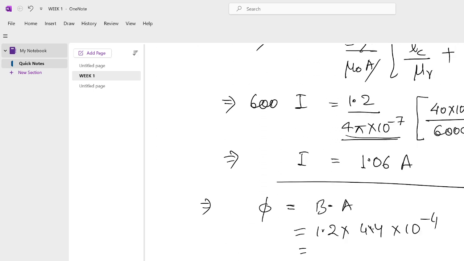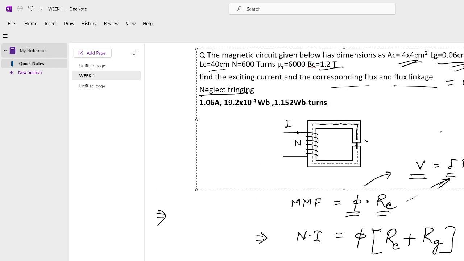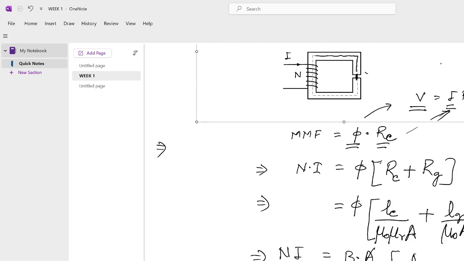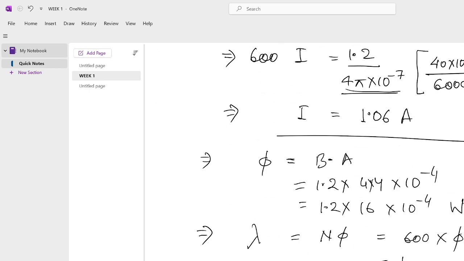Is everyone getting it? Yes, sir. Flux has units Weber. And flux linkage is denoted by lambda, and it is N into phi, where N is your number of turns, that is 600 into 1.92 into 10 to the power of minus 3. That will be around 1.152 Weber turns.